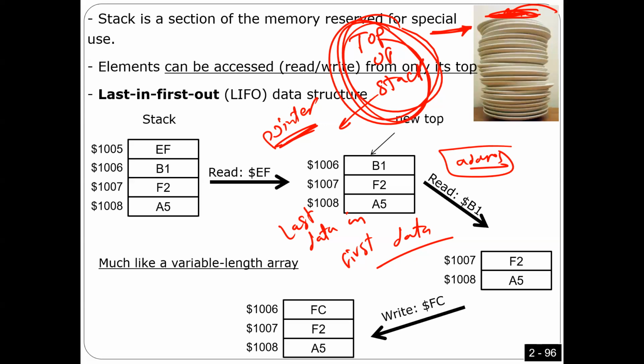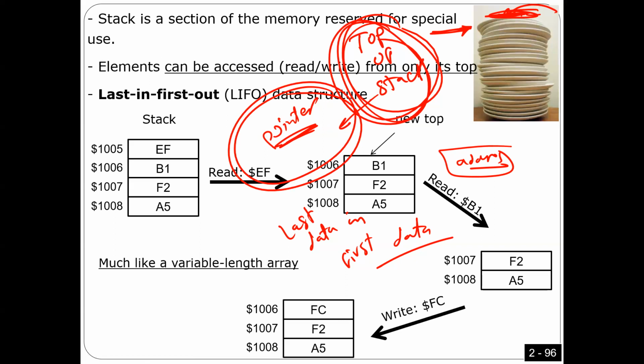So I should have a pointer at the top of the stack, and this pointer should be automatically updated every time I read or write. Is that okay? But which pointer am I going to use? Now there is a special register. I told you in the very beginning I'm not going to talk about this register until I come to the stack.